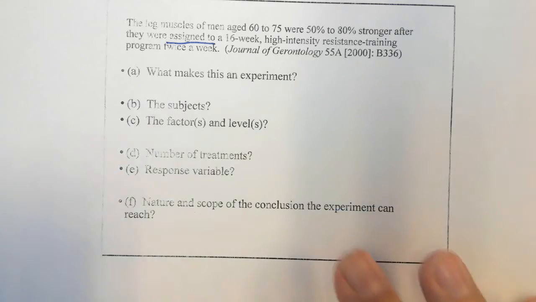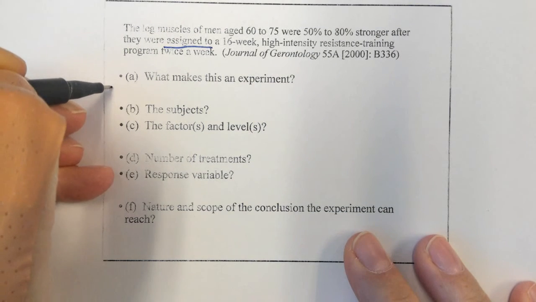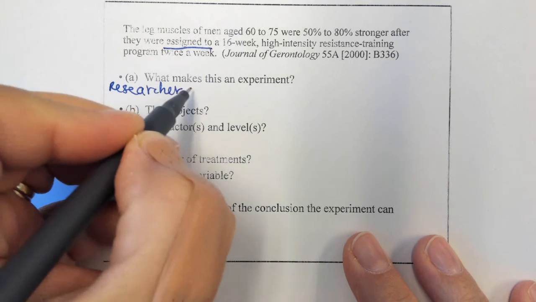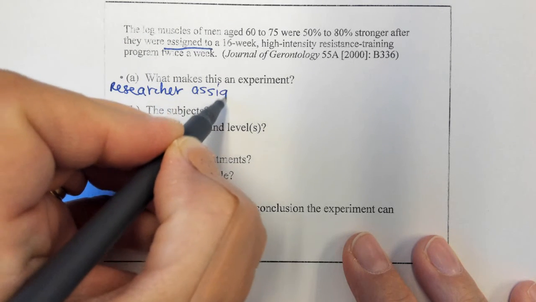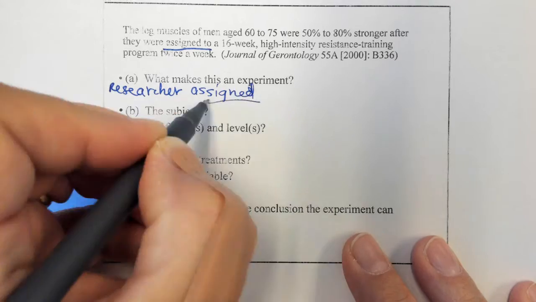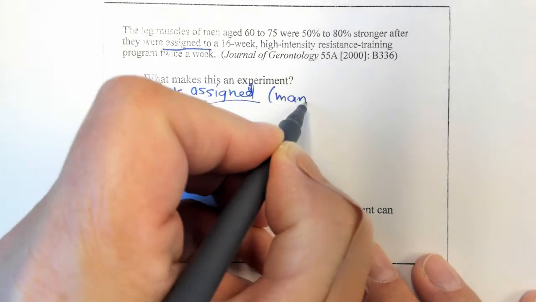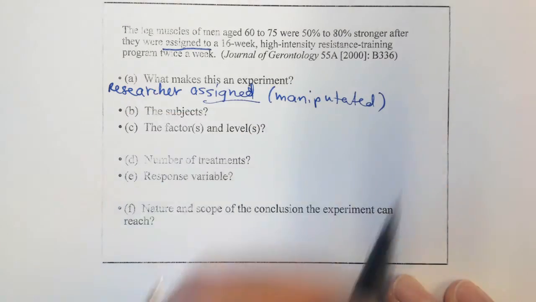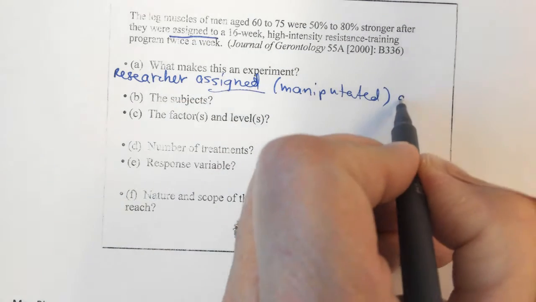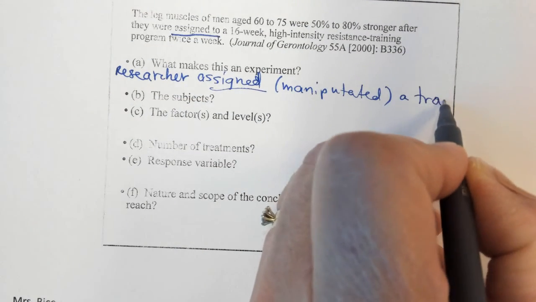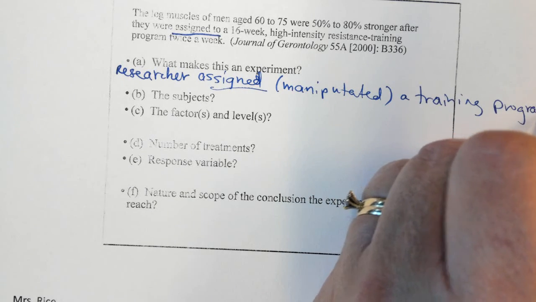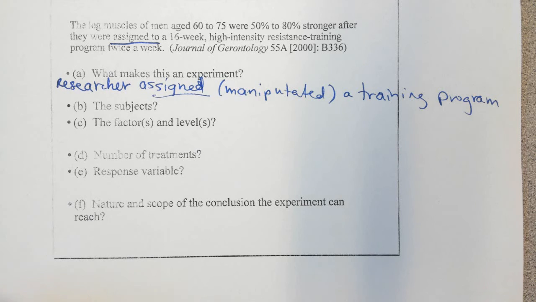So the researcher assigned, and I'm going to put in parentheses, manipulated a training program. That's messy, but if it's readable, we can get by with it, right?